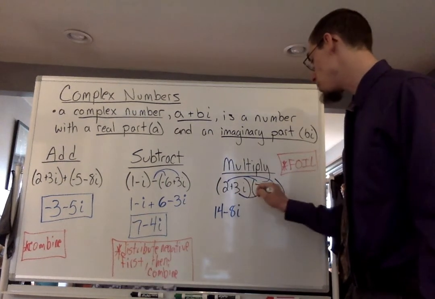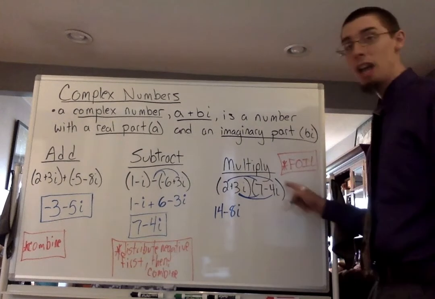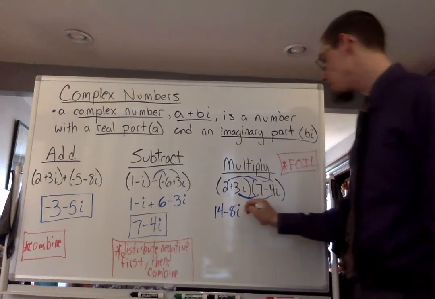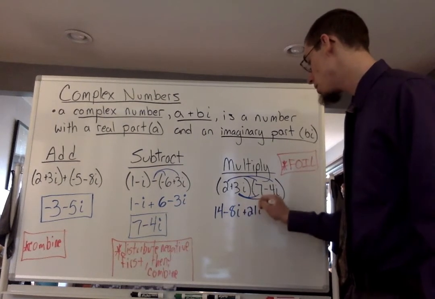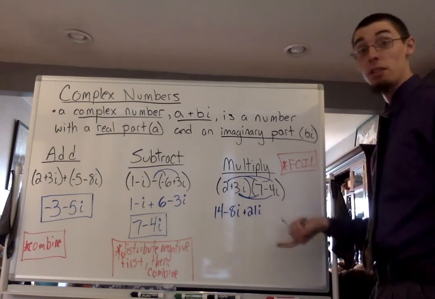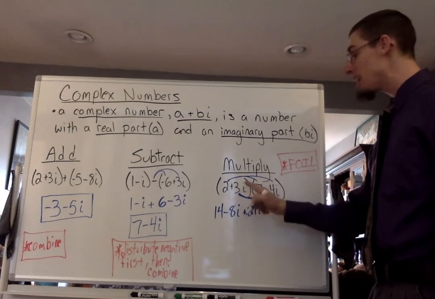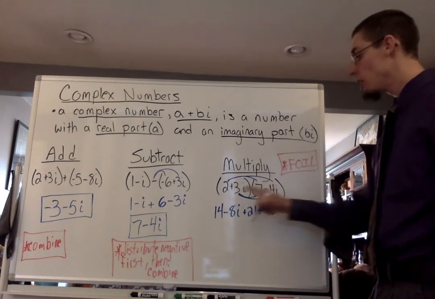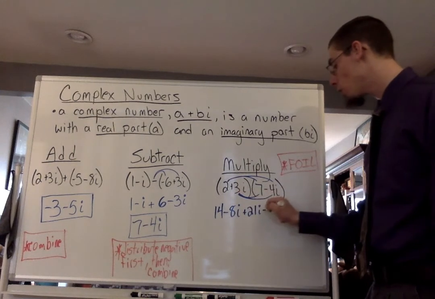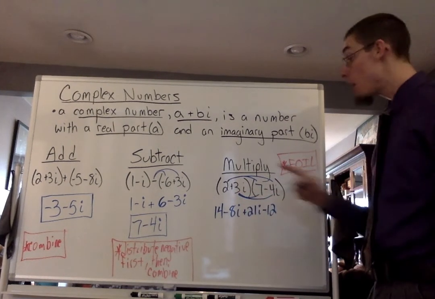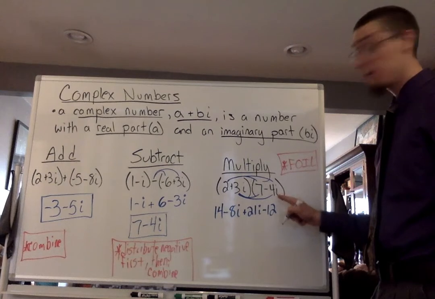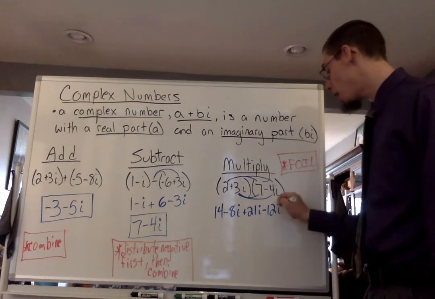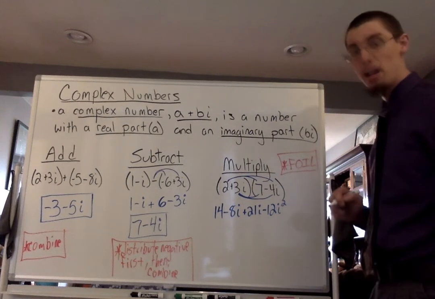Then distribute the 3i, right? 3i times 7 is 21i, right? 3 times 7 is 21. Now, 3i times negative 4i. So 3 times negative 4 is negative 12, but it's i times i. 3i times 4i, that's going to be 12i squared.